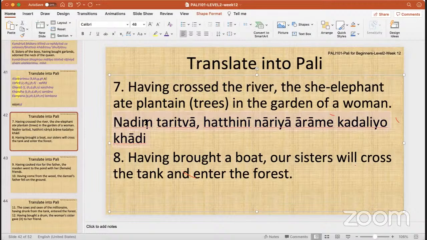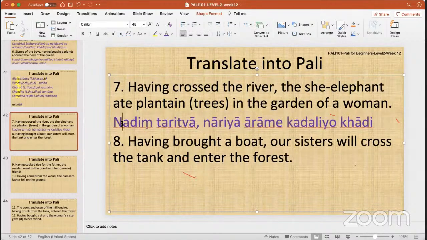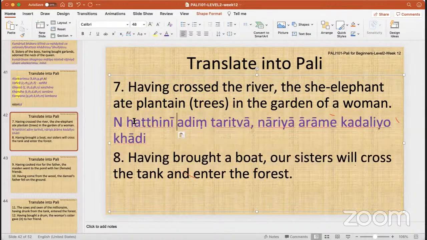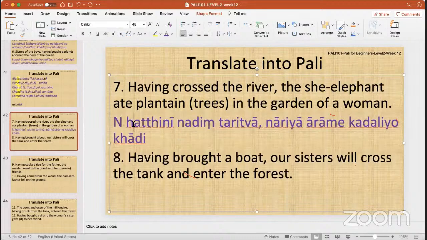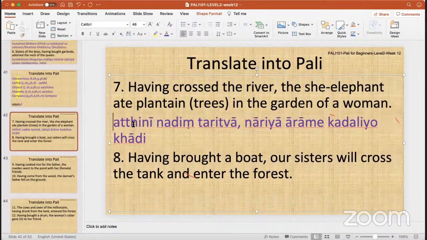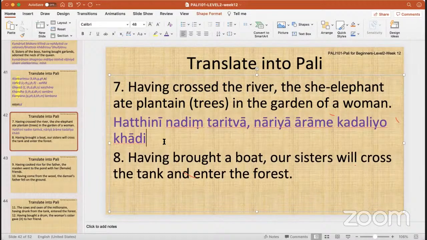Bhante, I have written Hathini first. Yes, Hathini Nadim Taritva is also fine. If you use nading taritva first, then there should be a comma. If you use Hathini first, nading taritva, then we can have a comma here.